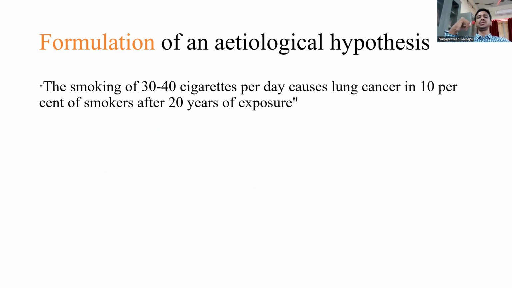This much dose may cause lung cancer in 10% of the smokers after 20 years of exposure. That is about time. So he identified the cause, that is cigarette smoking. He mentioned the outcome, that is lung cancer. He told that 20 years of exposure, that is the time.